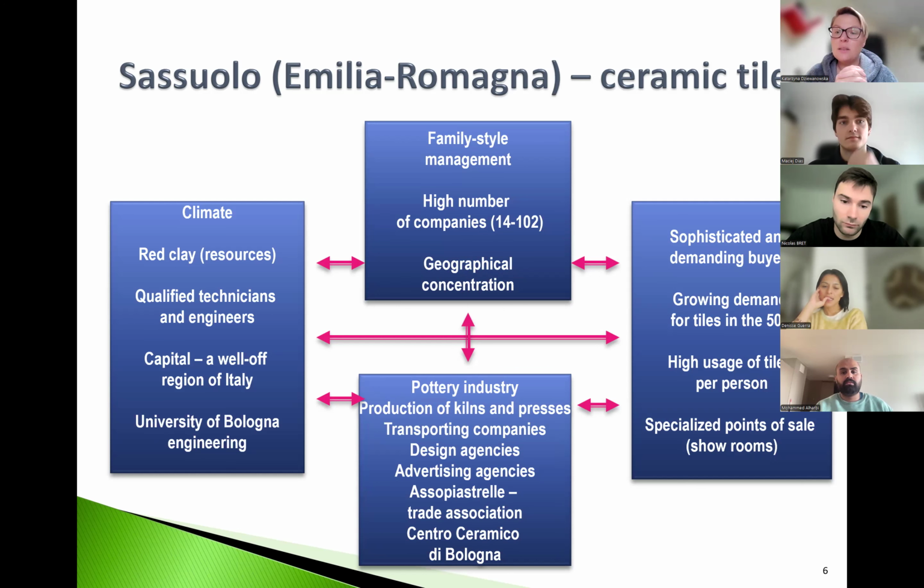And all of that led to the situation that they had to be the best to survive, and they had the right conditions that supported this development, and that's why they still remain a very prestigious and sought after producer of ceramic tiles. So as you can see, this is how it works.